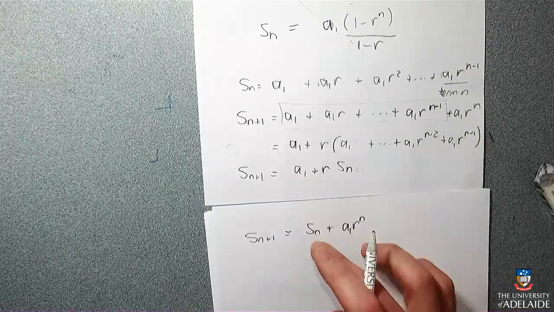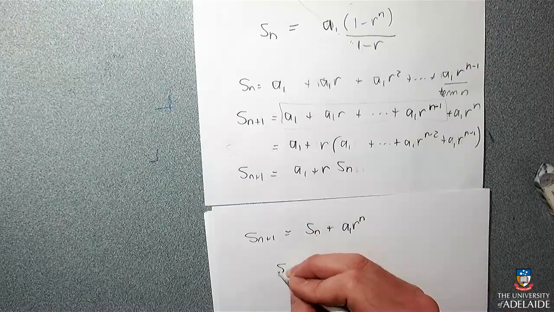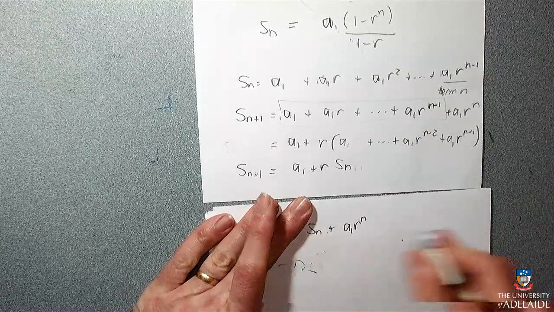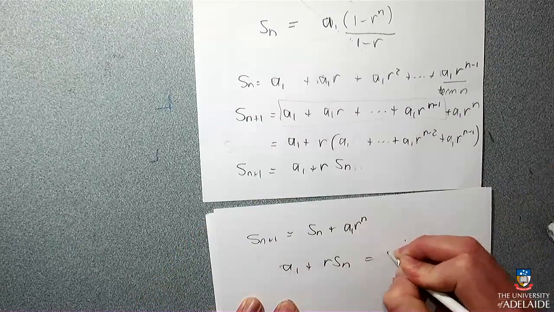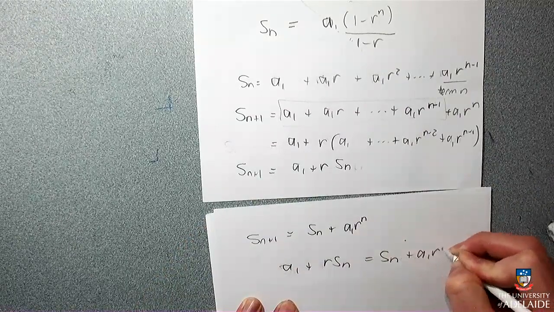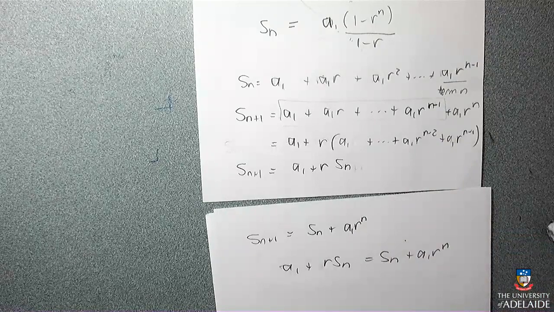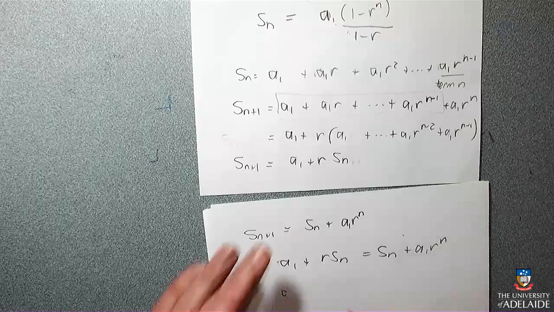Okay, so since these are equal, they must be equal to each other. I wrote that the wrong way around. It would have been better to do it this way.